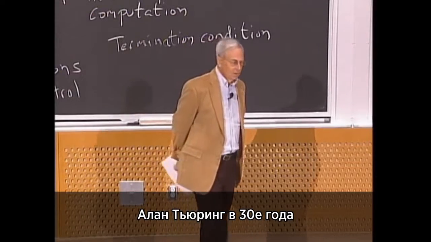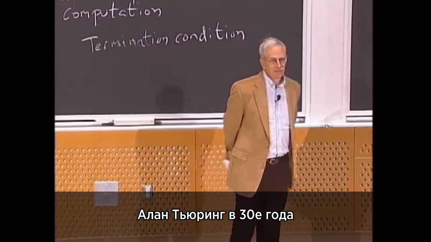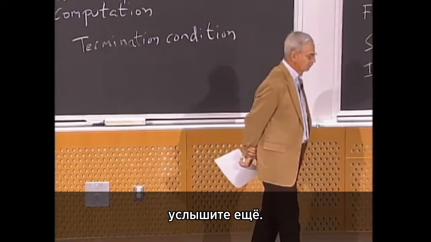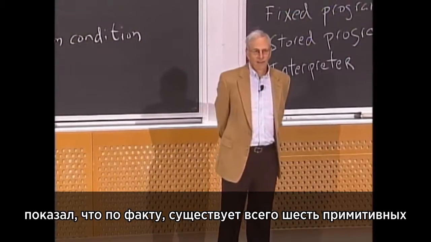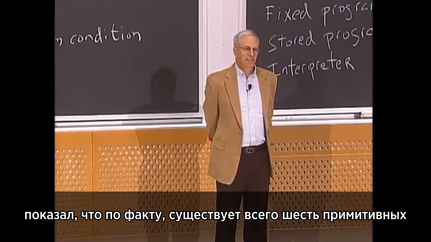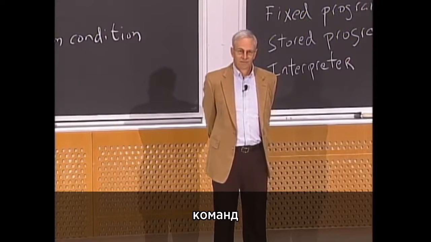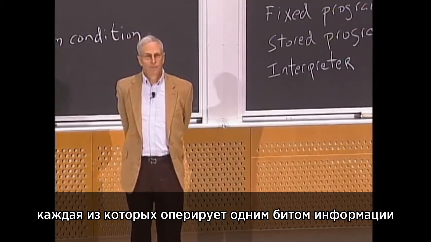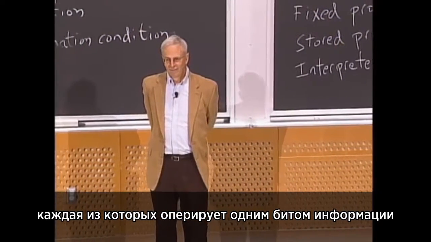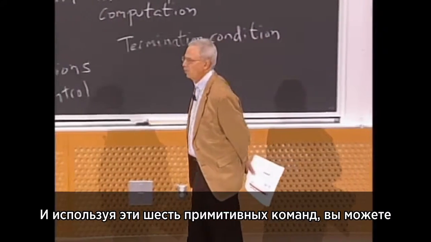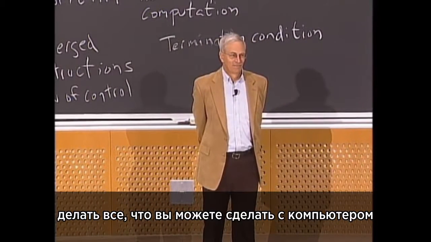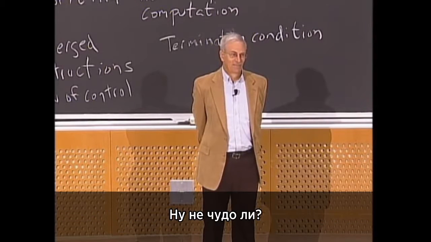Alan Turing, in the 1930s, very famous British mathematician of whom you will hear more, showed that in fact there were 6 primitive instructions, each of which operated on one bit of information. And with those 6 primitive instructions, you could do anything that could be done with a computer. Kind of amazing.